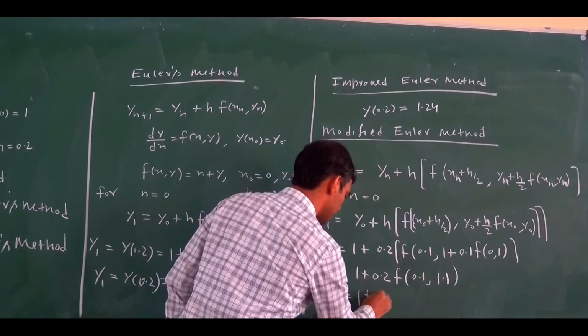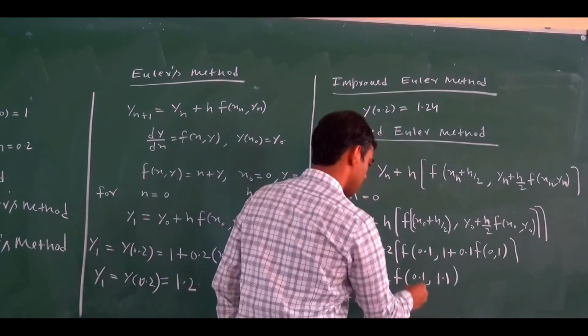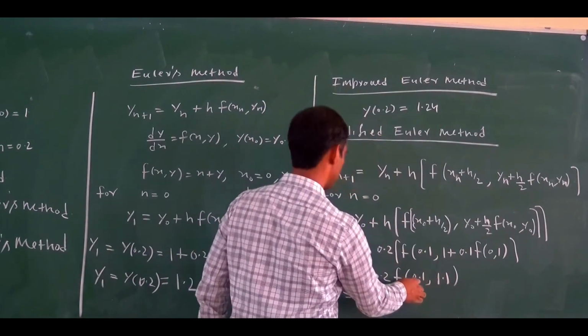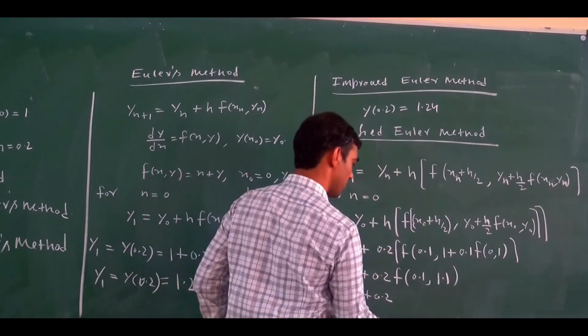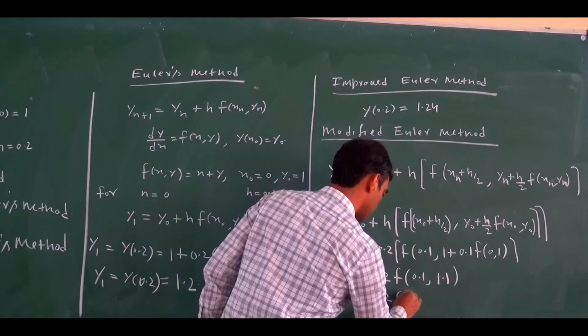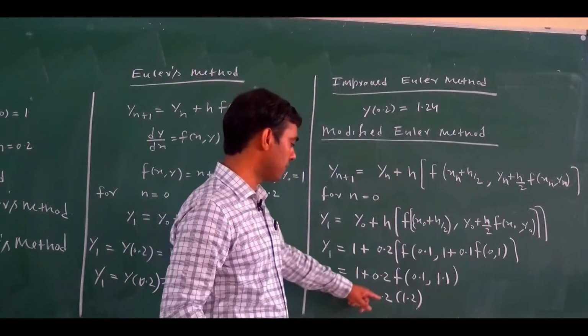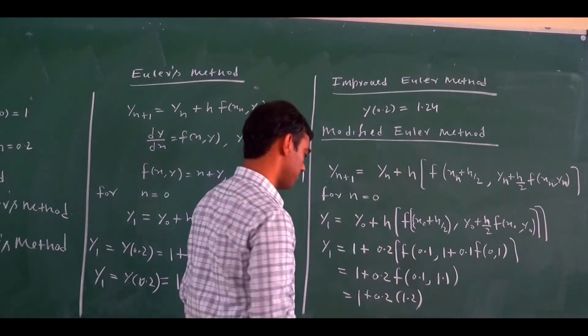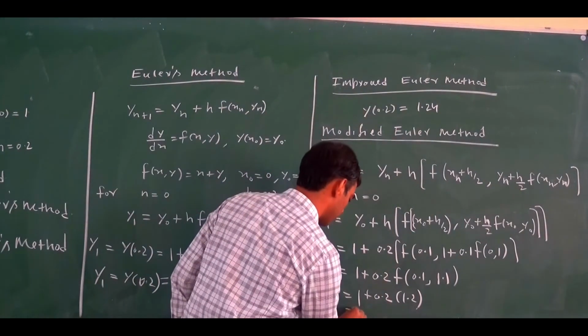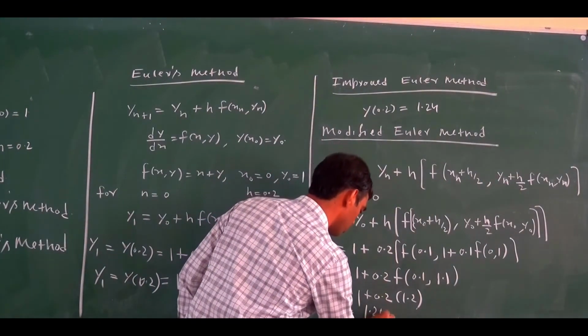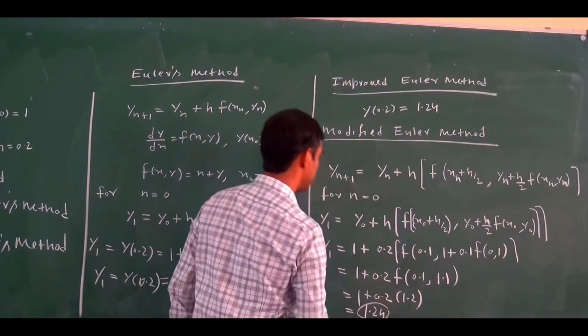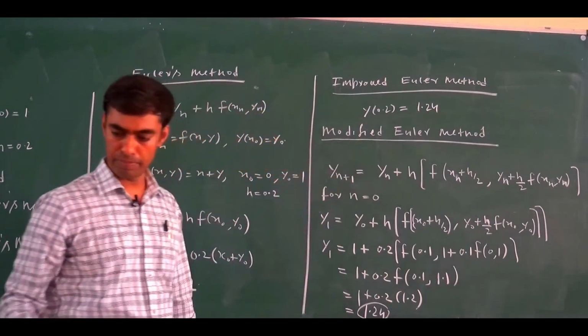It becomes 1 plus 0.2 times 1.1 plus 0.1, because this one is x plus y, this becomes 1.2. Multiplied by 0.2, this becomes 0.24, and the result is 1.24. So this is the result by the modified Euler method.